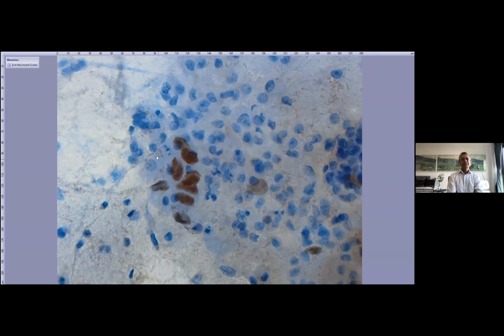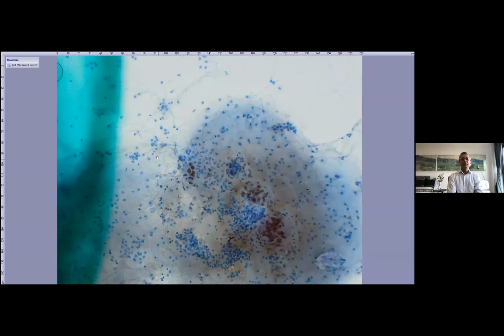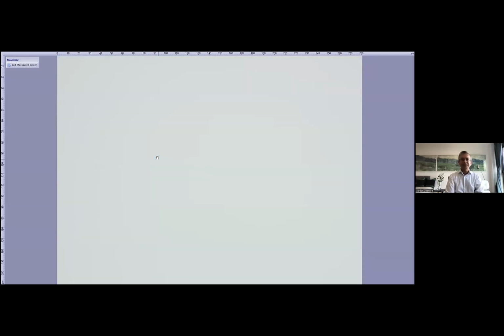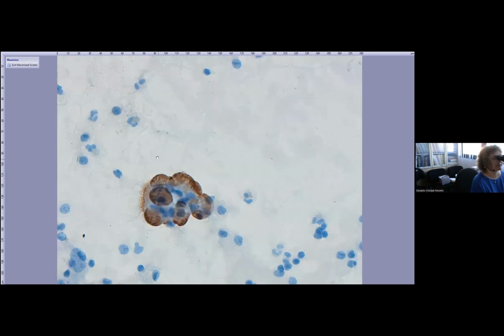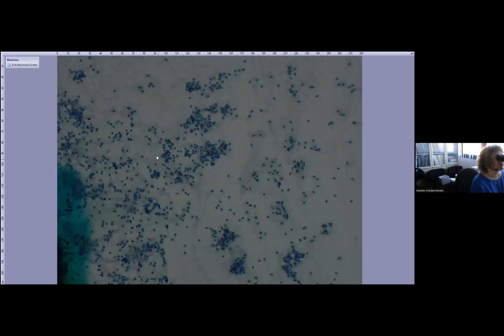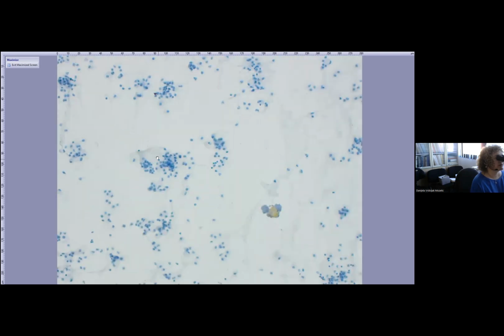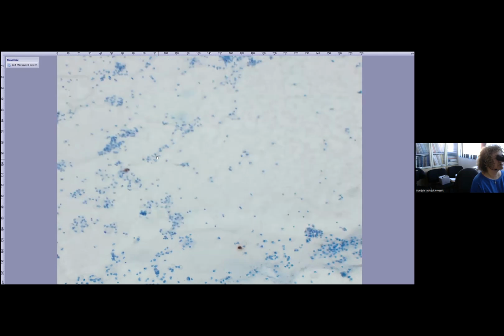Amazing. And these were on a PAP stain slide. Do you destain the PAP, or do you just superimpose the immunostain on? We just superimpose. We don't need to destain. Okay. So CK20, of course, we used. Okay, this is nice. So cytoplasmic positive, CK20, also used for the gastrointestinal origin.